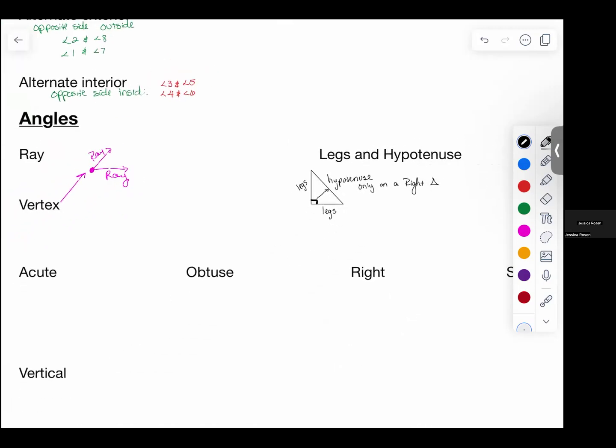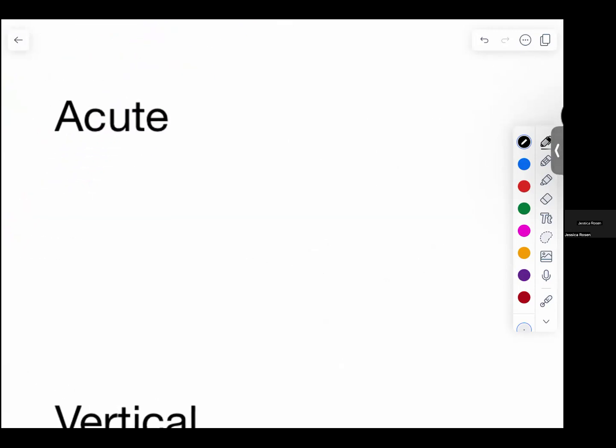Okay, so let's look at our angles over here. We have acute, obtuse, and right. Hopefully you've seen these before. Hopefully you know what those are. But an acute angle is going to be a little tiny cute angle. It's an acute angle. And again, 2 rays and a vertex. So it's going to be less than 90 degrees.